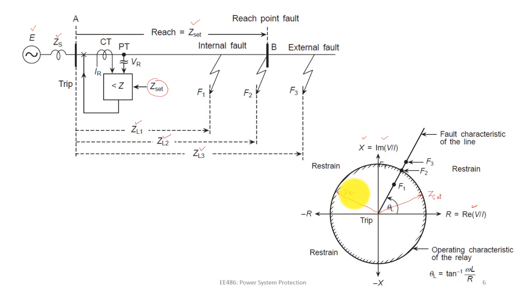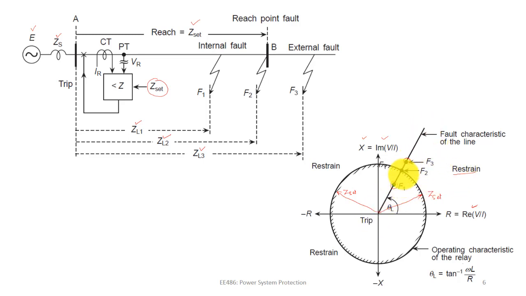Now for fault F1, if we mark the point, obviously it will be within this circle. And for F3, if we mark the point, obviously it will be outside this region, that is in the restraining region.